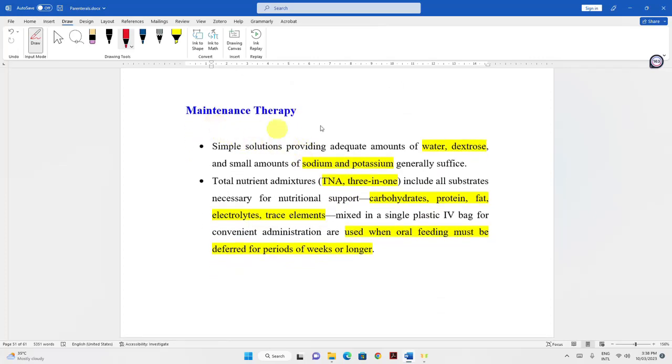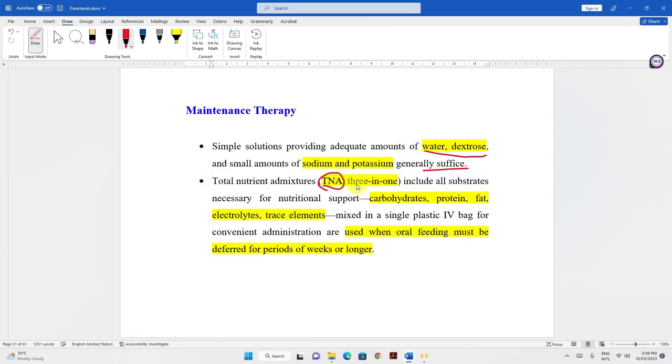Okay, so for maintenance therapy, water, dextrose, and some amounts of sodium and potassium will usually be sufficient when the duration is not long. But when the duration is long, maybe for weeks or longer, and you need to fully support the patient because he's not able to take anything by mouth or orally, then you will need what we call TNA, or total nutrient admixture.